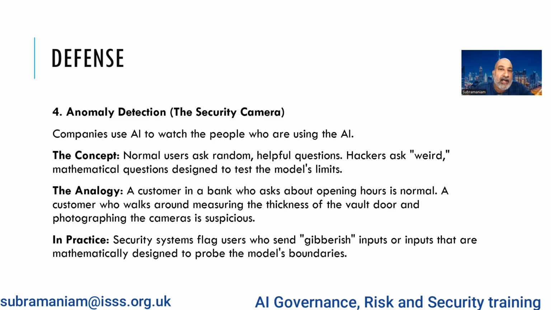Similarly, for an AI application, you can detect whether it's a normal query or abnormal query by the way the queries have been put in. To detect an anomaly, you need to have a clear idea of the prompts that have been used and what could be the differentiator. So anomaly detection is also possible as a defense.